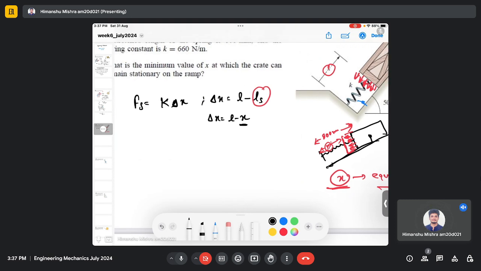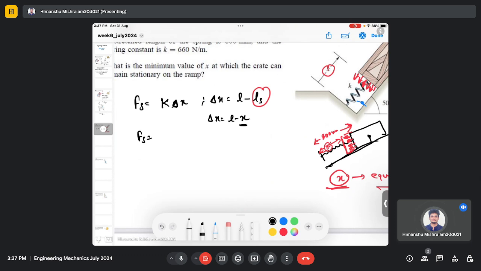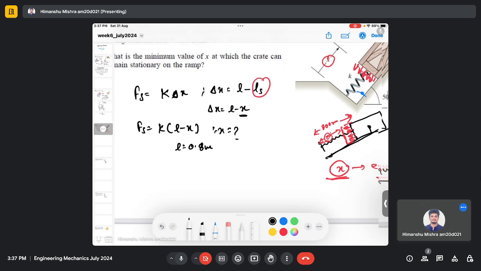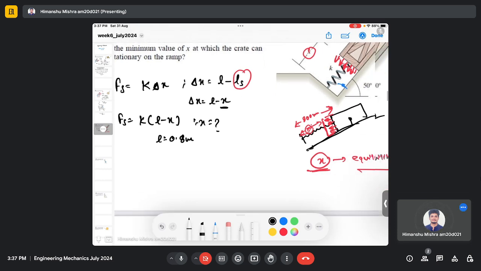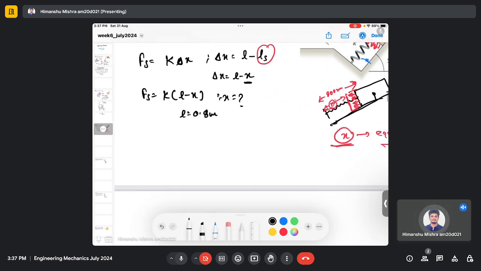There is a spring force acting, which can be given as k delta s, and further it can be written as k times L minus x. Here x we need to find out. L is the unstretched length, which is 800 millimeter or 0.8 meter. Then let's make a free body diagram.